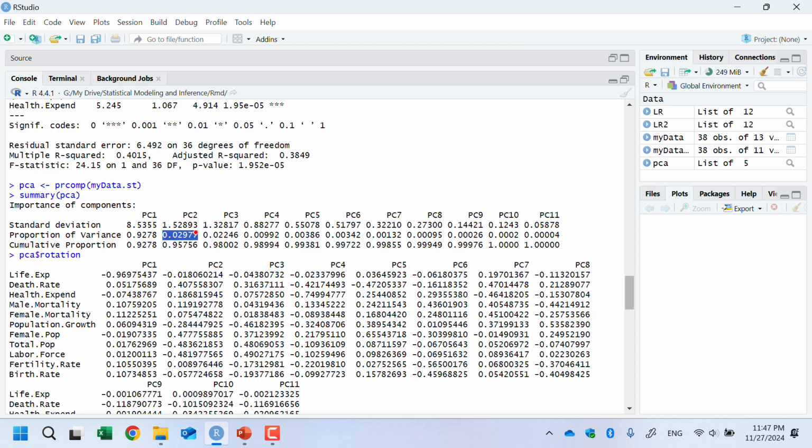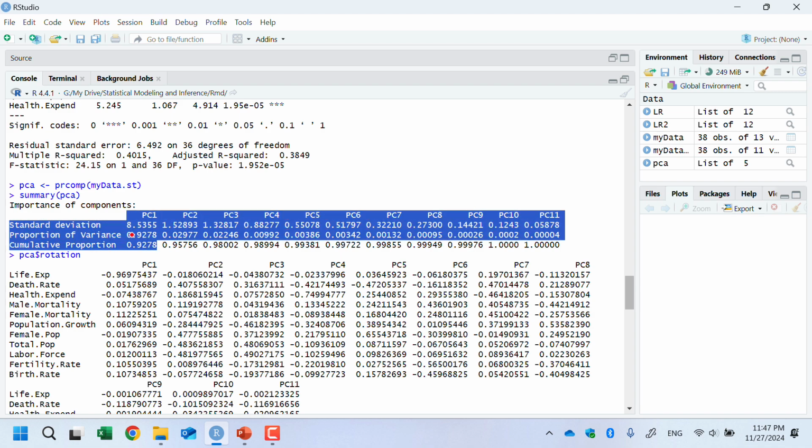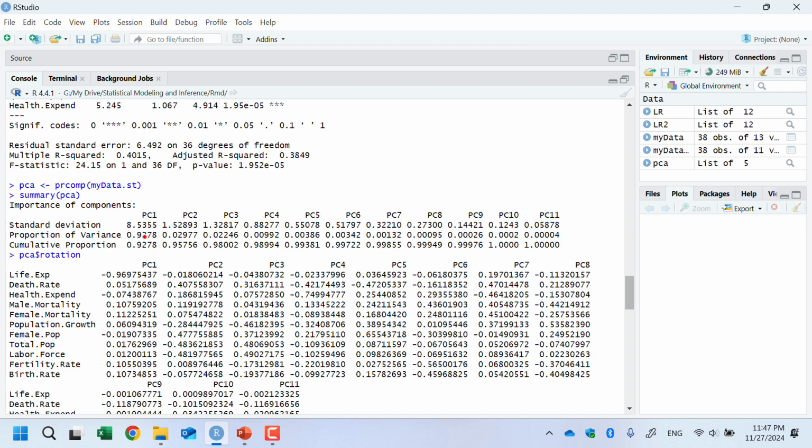This one takes only 2.9%. This one takes only 0.22%. So if you use only this one, it captured about 95% of the variance of the data points. So PC1 is pretty powerful here.